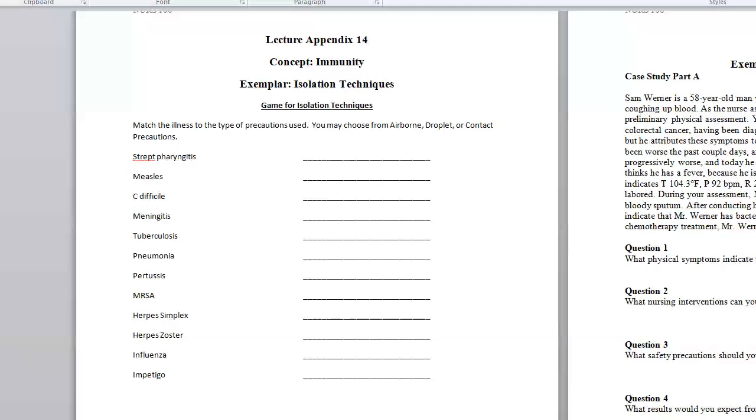And this body substance isolation system is based on three premises. The first one that your book talks about is that all people have an increased risk for infections from microorganisms that enter through the mucous membranes and non-intact skin.